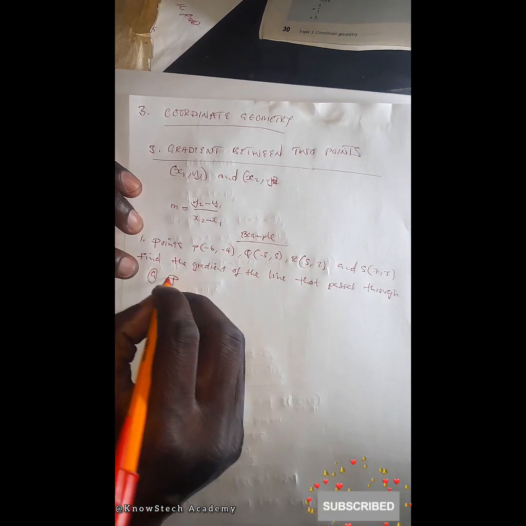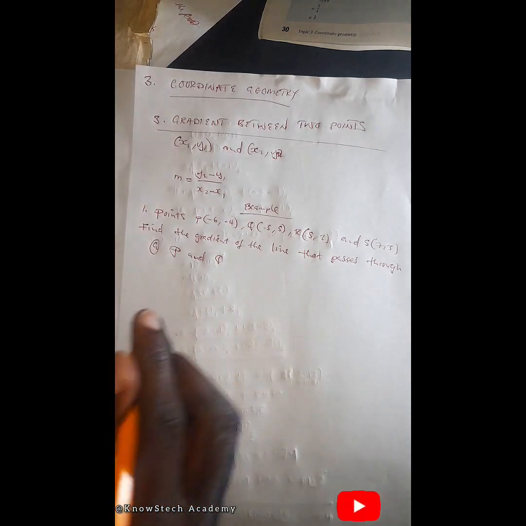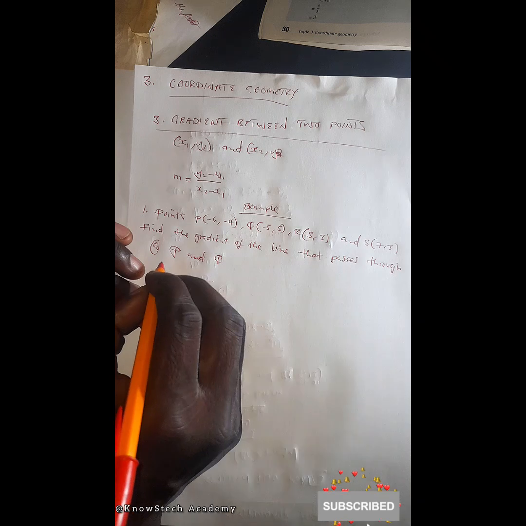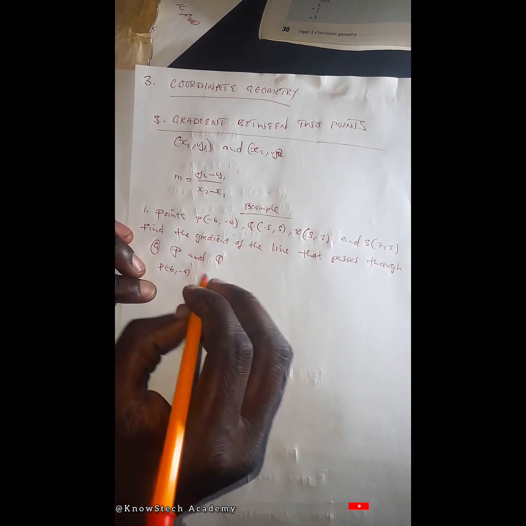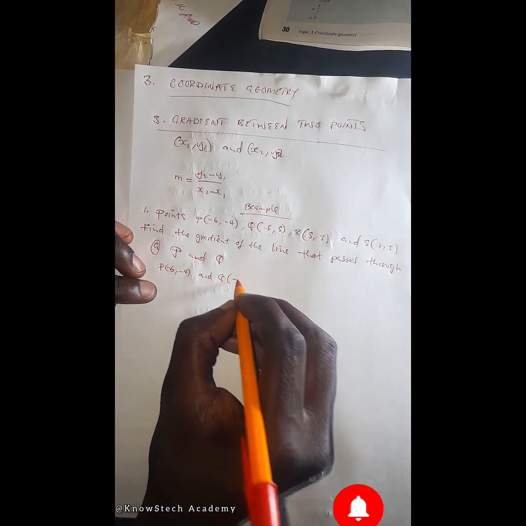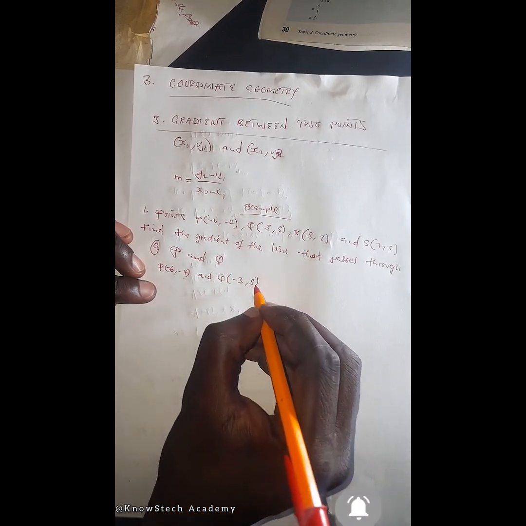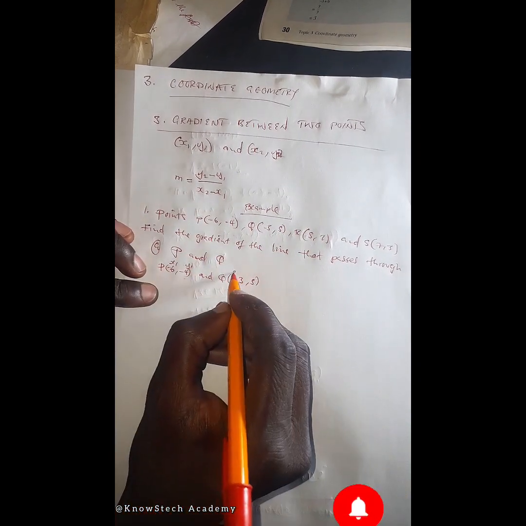P and Q. So when you look at P, it is -6, -4. Q is -3, 5. So this is x1, y1, x2, y2.